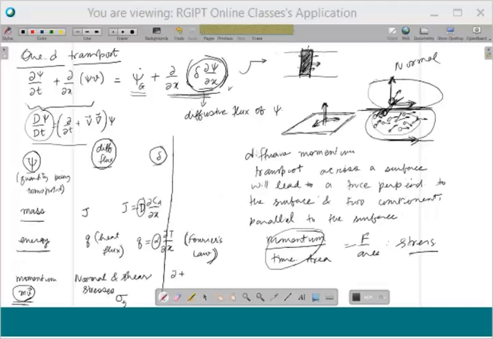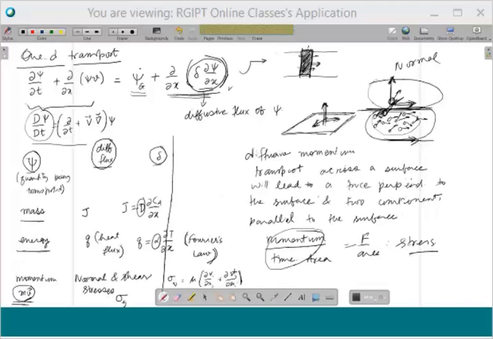Let me just write this. This is a little tricky, but you can identify momentum transport will be given by shear stresses. And if you recall, shear stresses were given by sigma ij equals mu times del vi by del xj plus del vj by del xi.